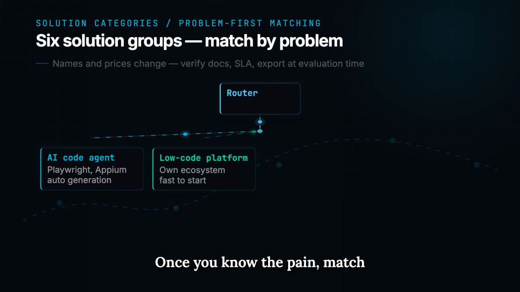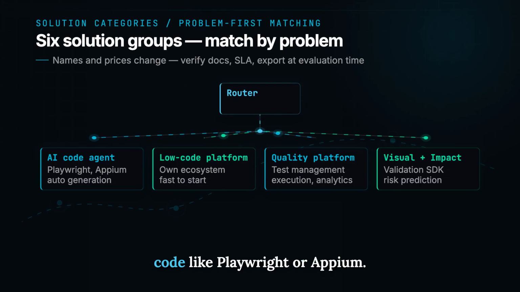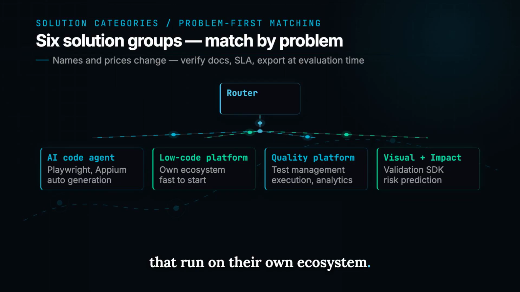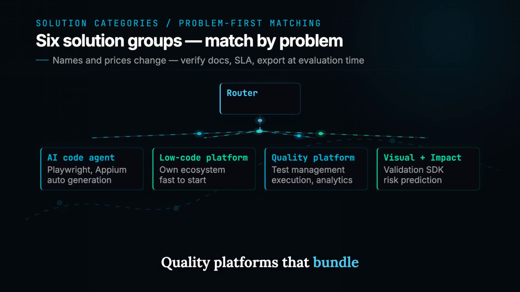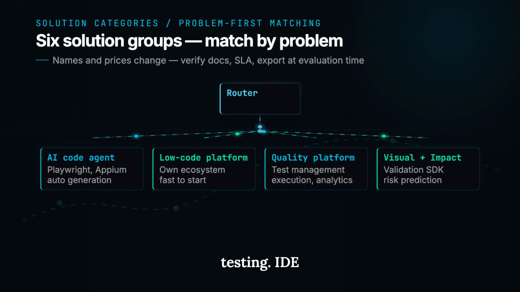Once you know the pain, match it to a solution category. AI agents that generate and maintain standard automation code like Playwright or Appium. Low-code and no-code platforms that run on their own ecosystem. Quality platforms that bundle management, execution, and analytics. Visual validation SDKs and platforms for screenshot testing.